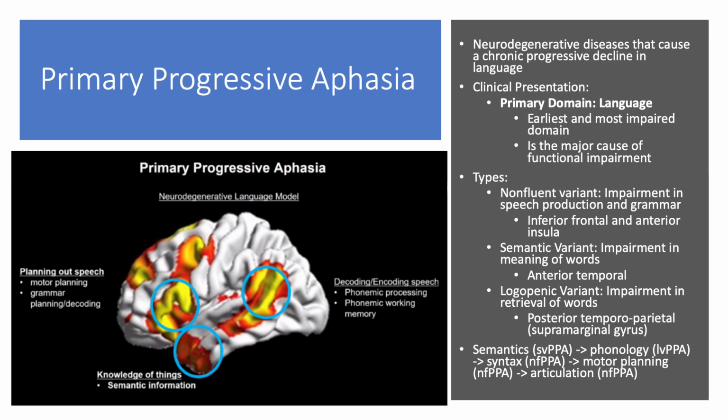So patients may be non-fluent, they are impaired in speech production and grammar, or they might have a semantic variant of PPA, which presents with impairment in the understanding of the meaning of words. So again, this is just a type of dementia presenting with a particular cognitive domain that is affected more than others.